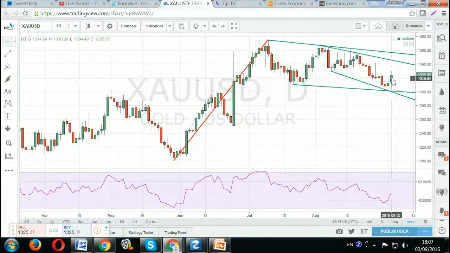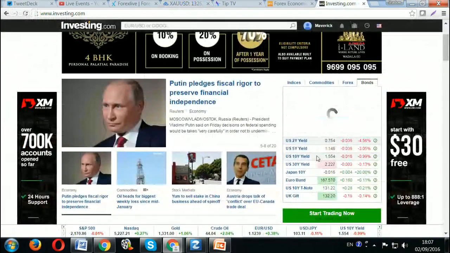Gold has clocked a high of 1330, and now it's flirting with $13.25 levels. Two-year Treasury yield now down 3.6 basis points.